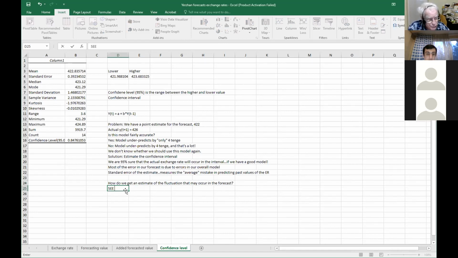Well, now our standard error of the estimate can help us out. We assume that the exchange rate is following a normal distribution. In fact, a standard normal distribution if we are standardizing the exchange rate.